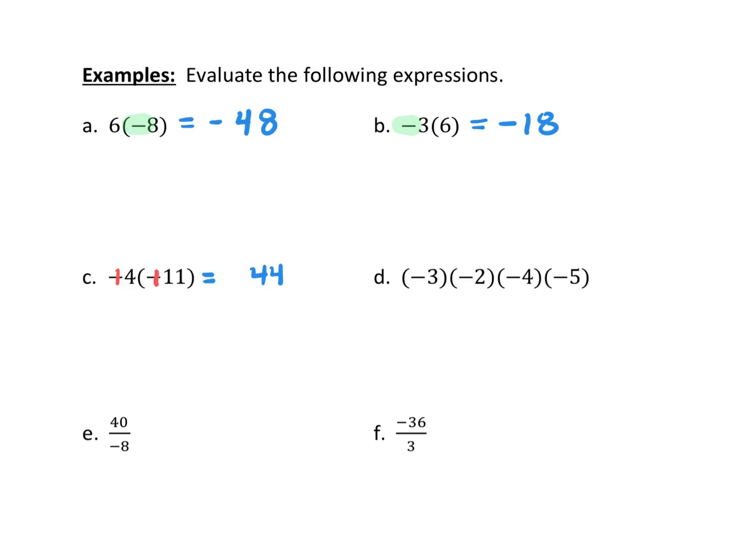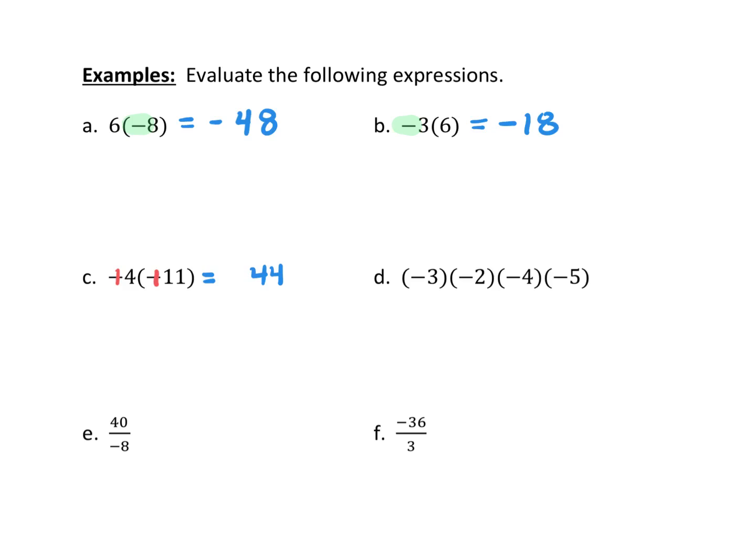Now note, this only works with multiplication or subtracting a negative. And subtracting a negative, you can also think of it as multiplying negative 1 times a negative number. We can cross these out, and we cross them out in pairs. Because I don't have any negatives left, that means my final answer is positive.